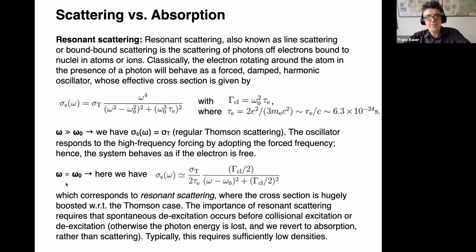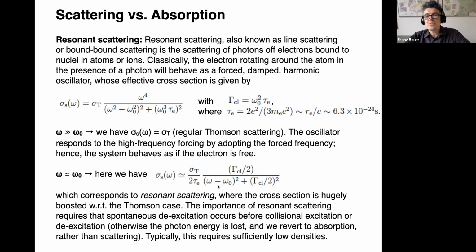Then if the photon is right around the orbital frequency, then you end up getting something which looks like this. And remember, this is the cross-section line profile, right? And so there's this natural width of the line that occurs.